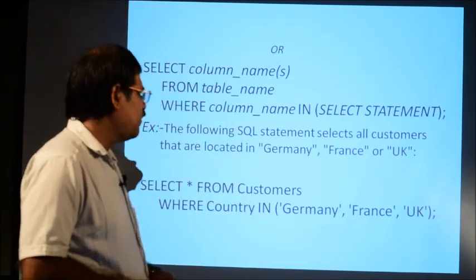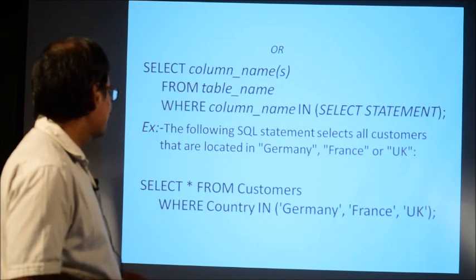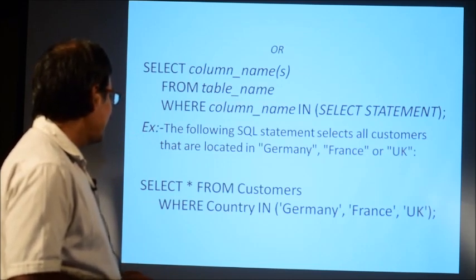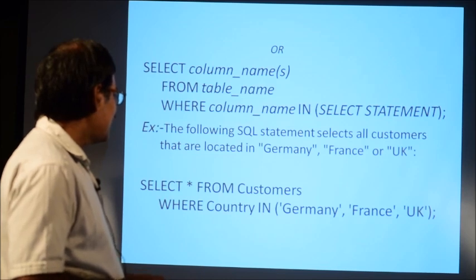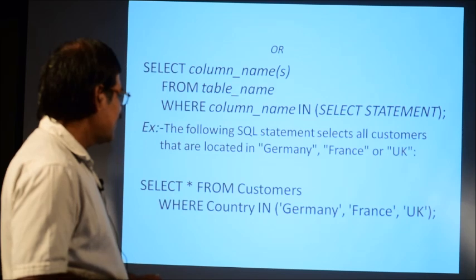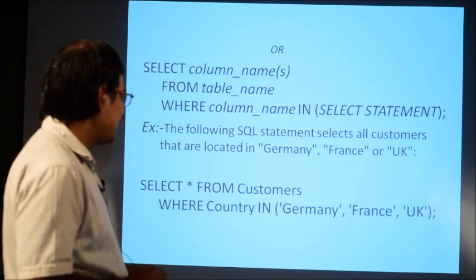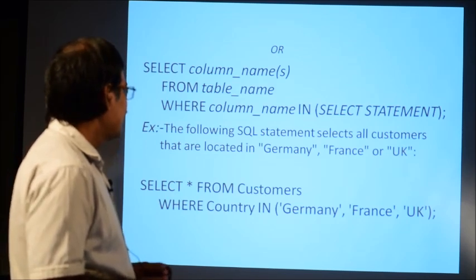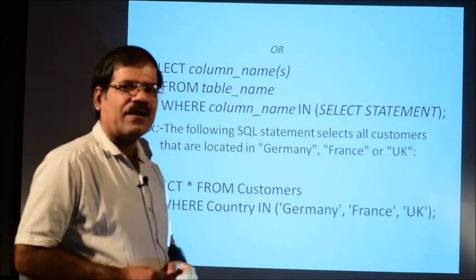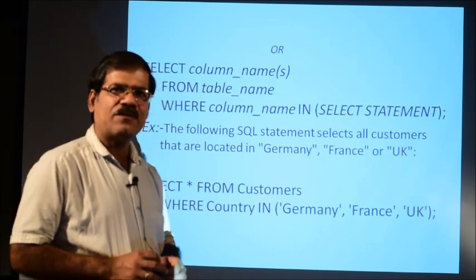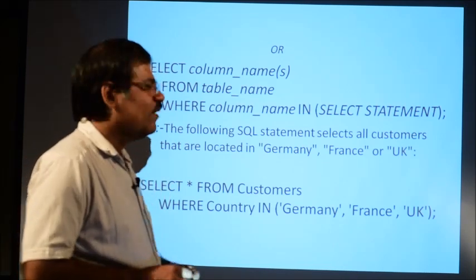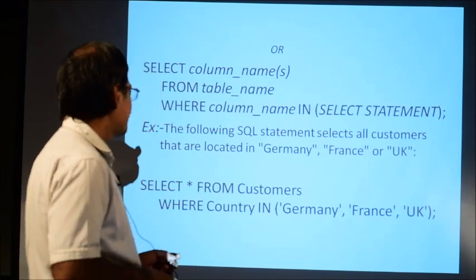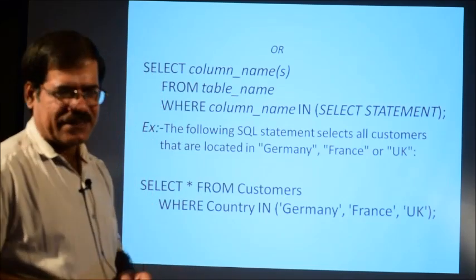So the IN clause is used for that purpose. SELECT star FROM customers WHERE country IN means there is not a single country, there are multiple countries. Where the country name is Germany, France or UK, that record will be selected from the customer table and displayed on your computer screen. That is our requirement.